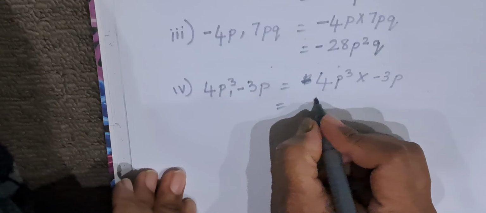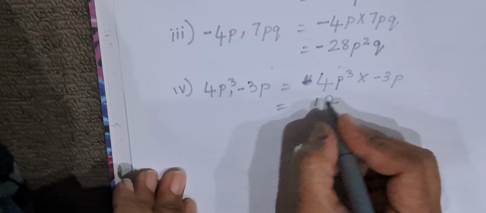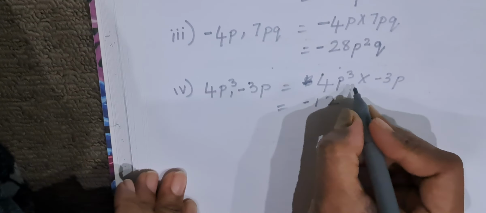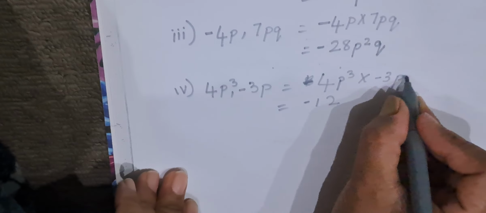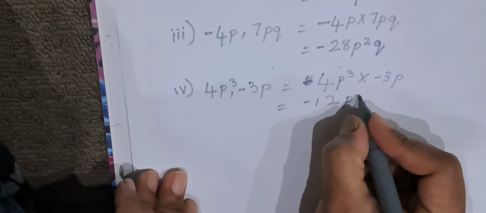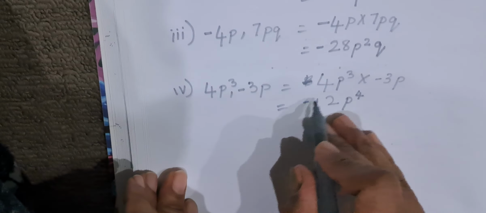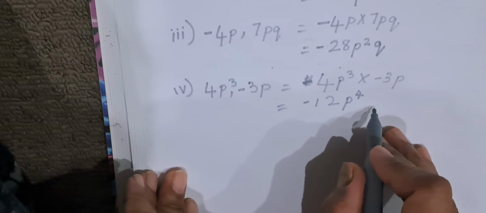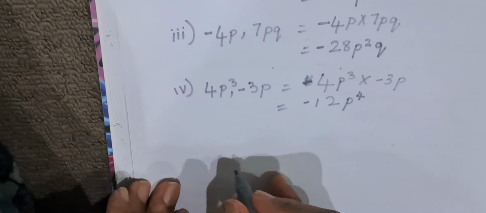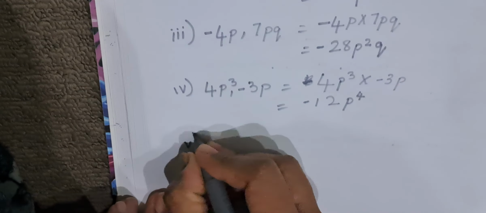So 4 threes are 12. Plus into minus is minus. Minus 12. p cube into p. p to the power 3 and p to the power 1 becomes p to the power 4. So it is minus 12 p to the power 4. This is the answer for the fourth one.